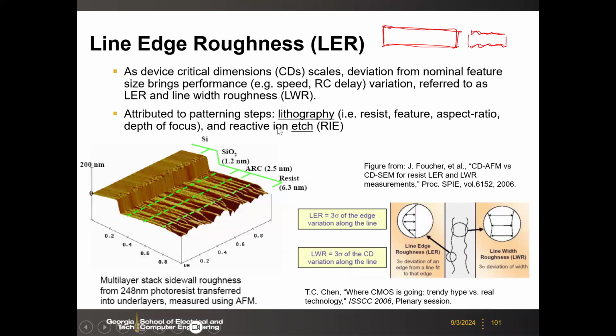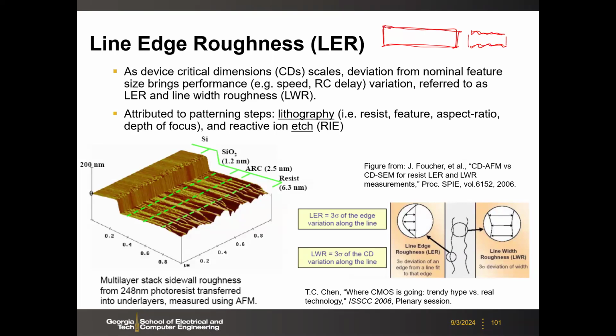One of them is due to the photoresist. Because when you do the lithography, right, first you have the photoresist, which is polymer. And then you shine the light. Then under the mask, the polymer is preserved. And then outside the mask region, you can dissolve those polymers in some etchant.